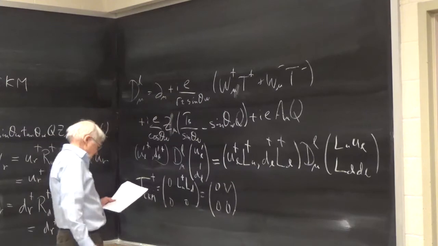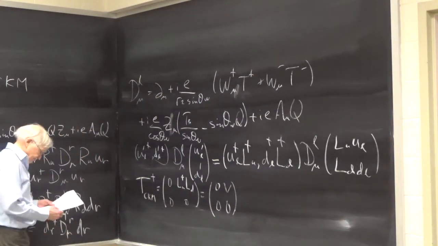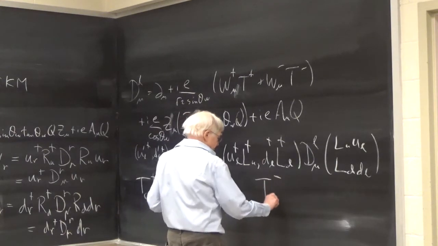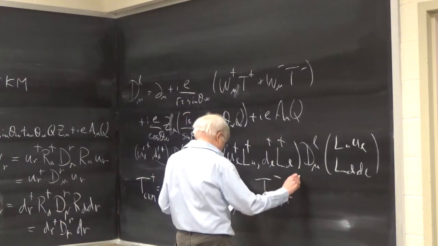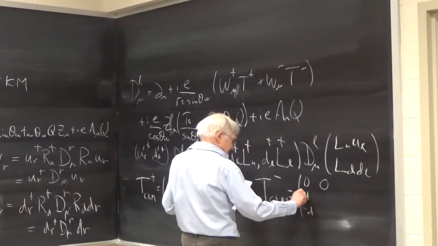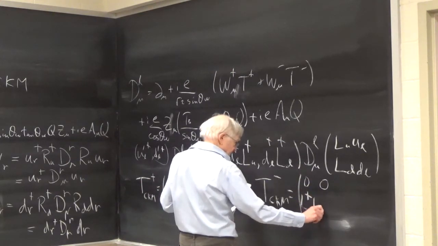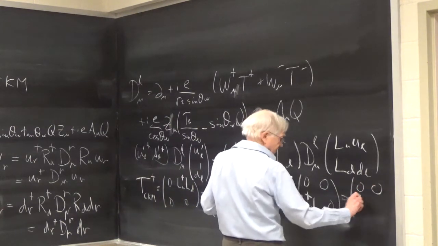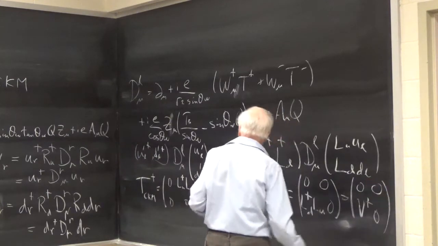So I'm writing V as CKM. And similarly, T minus CKM is 0, 0, L_D dagger L_U, 0. And that is 0, 0, V dagger, 0.